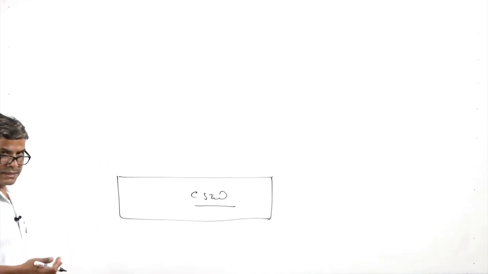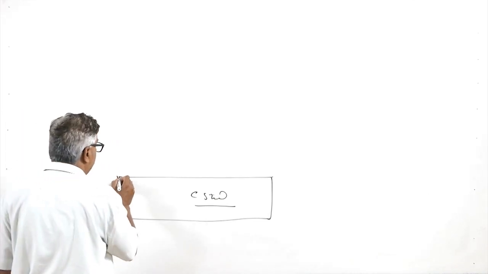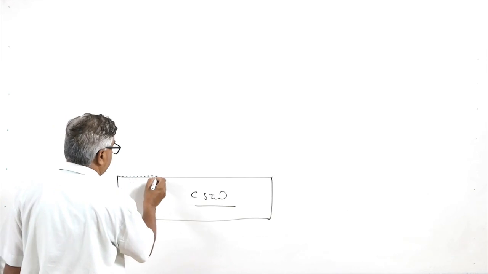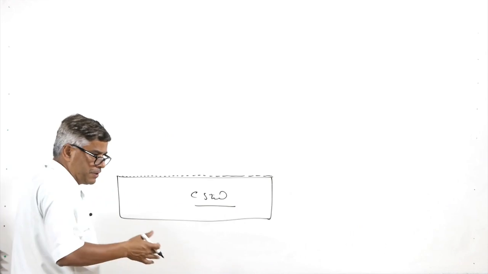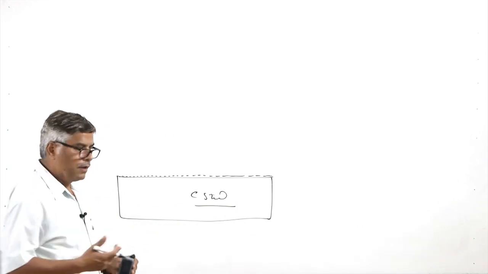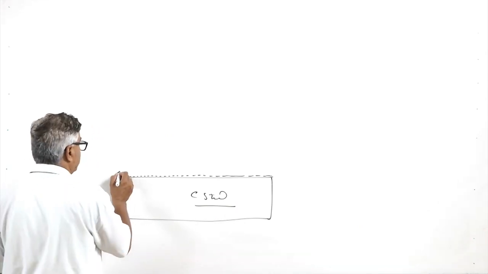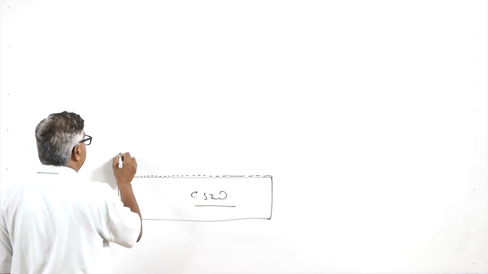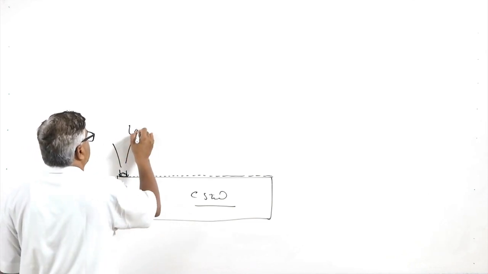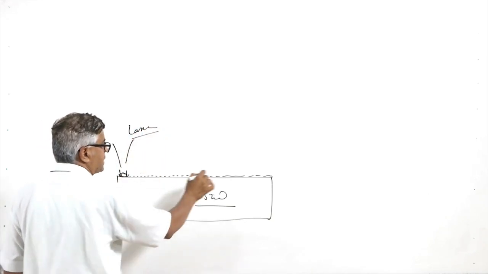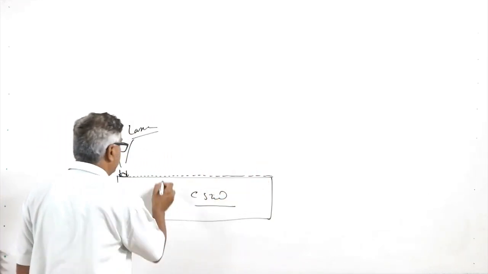If its corrosion resistance is to be improved, then we put a layer of chromium over it, because chromium is known to improve corrosion resistance, and then the chromium is melted using a beam of the laser.